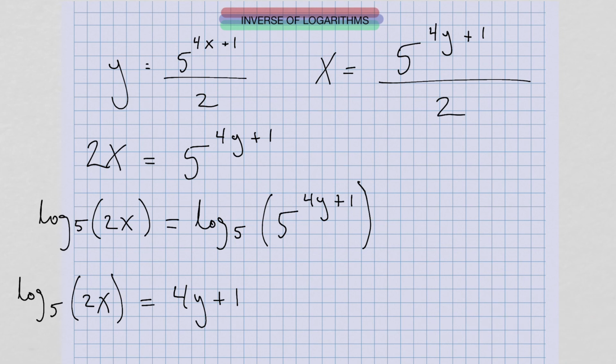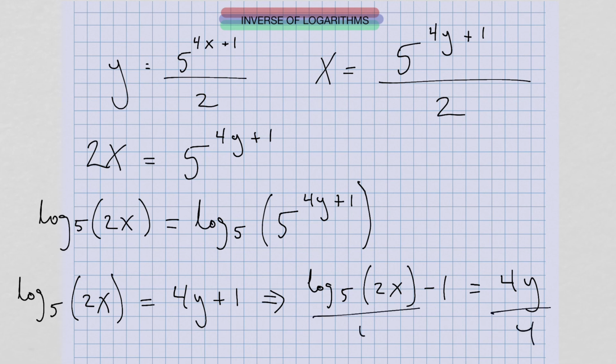Now just solving for y, we just need to get y by itself. So we're going to subtract 1 from both sides. So we have log base 5 of 2x minus 1 equals 4y. Now just dividing both sides by 4.